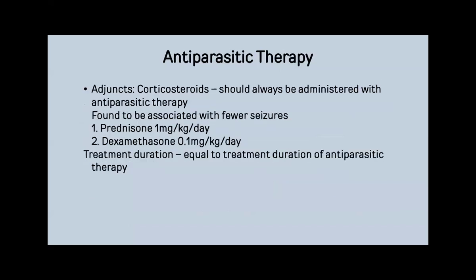And then corticosteroids should always be administered with antiparasitic therapy. They're found to be associated with fewer seizures. You give 1 milligram per kg per day, and dexamethasone at 0.1 milligram per kg per day. The treatment duration is the duration of the antiparasitic therapy.